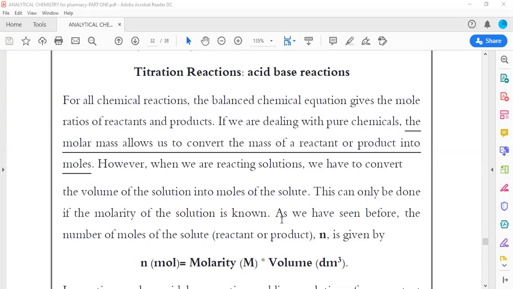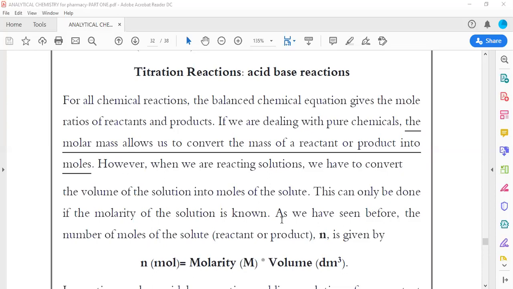However, when we are reacting solutions, we have to convert the volumes of the solution into moles of the solute. In this case, we talk about volume because we're talking about solutions. This can only be done if the molarity of the solution is known. If you know the molarity, you can find the number of moles, because molarity is number of moles per unit volume.